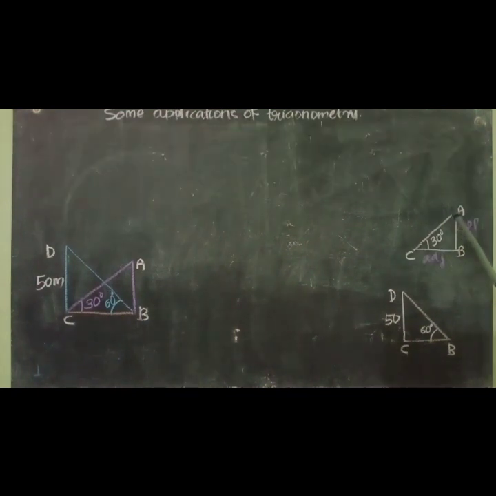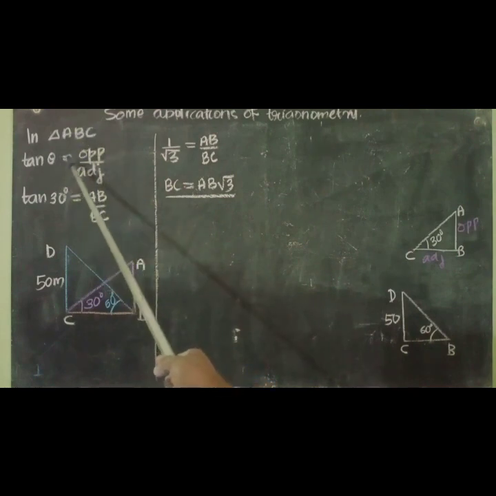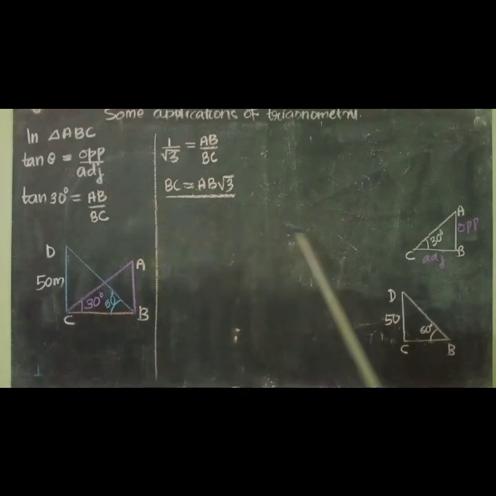Consider the first right triangle ABC. Acute angle is C with measurement 30 degree. AB is the opposite side. BC is the adjacent side. Let us take the ratio. In triangle ABC, tan theta equal to opposite side by adjacent side. Here theta equal to 30 degree.